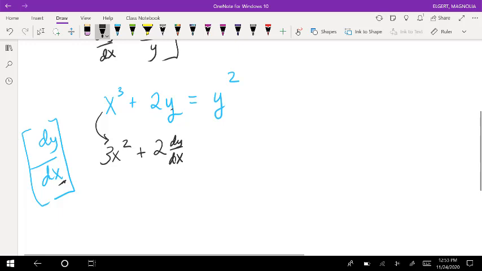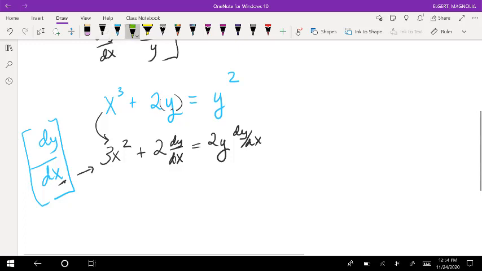And it's kind of like using the chain rule, like the y is the inside function, it's the baby, equals, this would equal 2y, and then the derivative of the y is dy dx. So now you've done implicit.